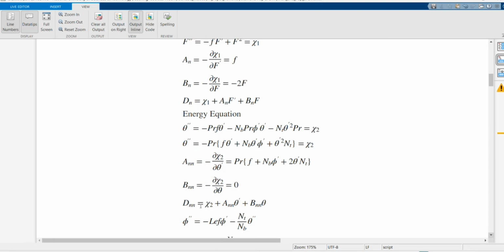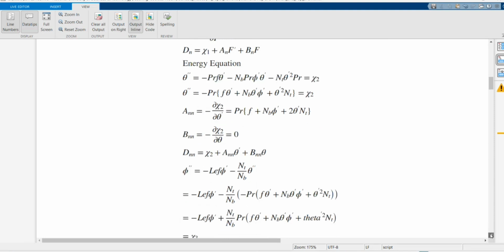And we do the same for Dn: chi2 plus An theta dash plus Bn theta, and you put the value of chi2 over here.